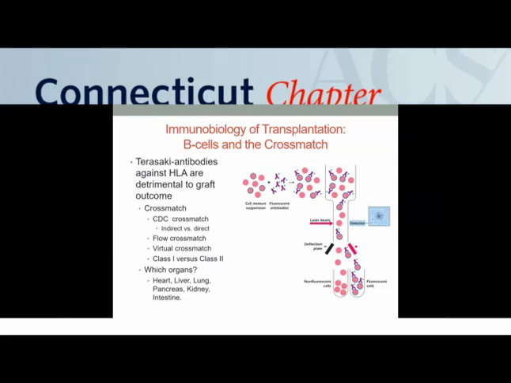And if they're present through flow cytometry, that tells us that this person has antibodies which could damage this organ right away. And so we don't want to do that, right? Because that means this organ is probably not going to work properly. And antibody-mediated rejection or antibody injury is much, much, much harder to treat than cellular injury, because we not only have to get rid of antibodies, but then we also have to try to get rid of the cells that are producing the antibodies, which is hard to do.